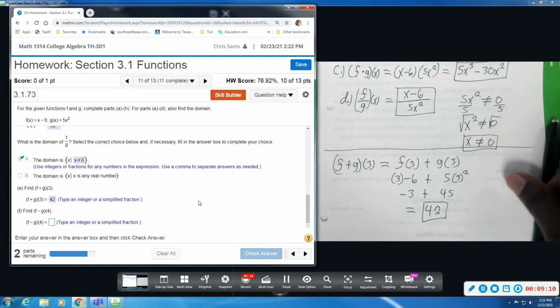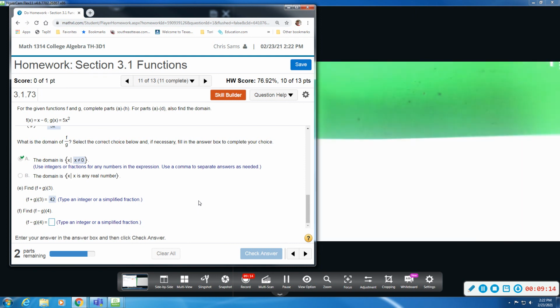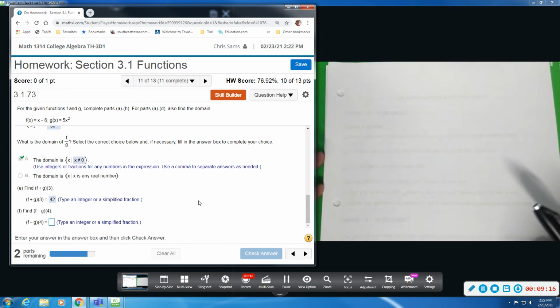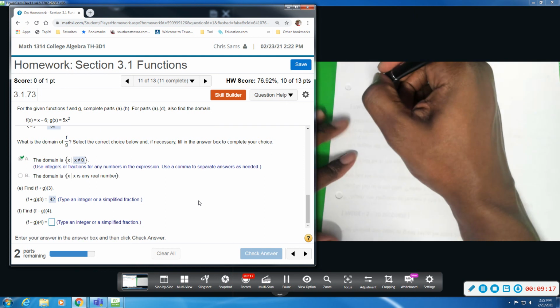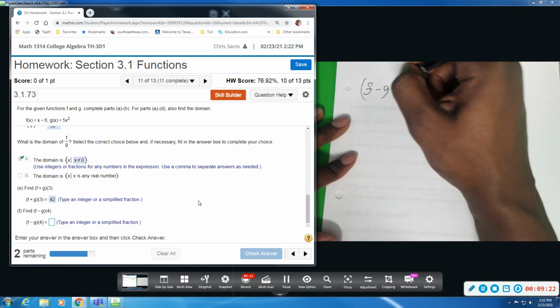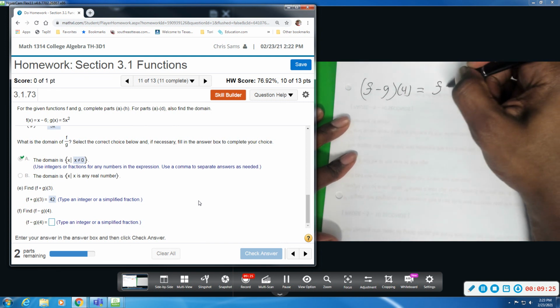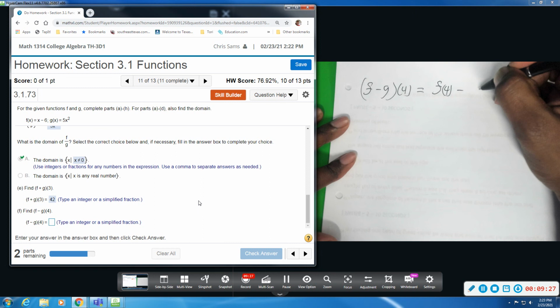Alright, so now we're going to subtract the two by plugging in the number 4. So f minus g of 4. What that means is f of 4 minus g of 4.